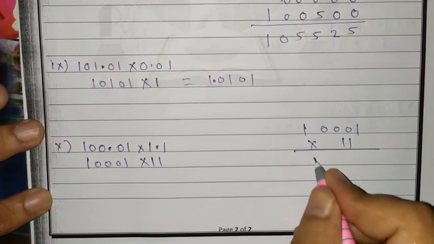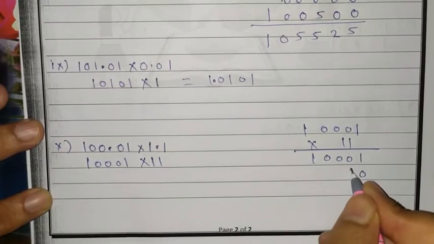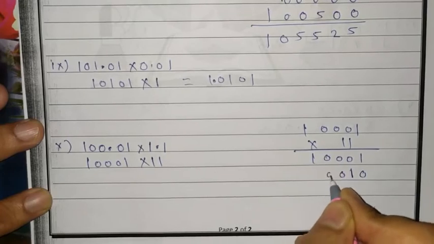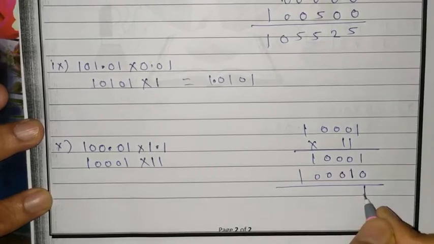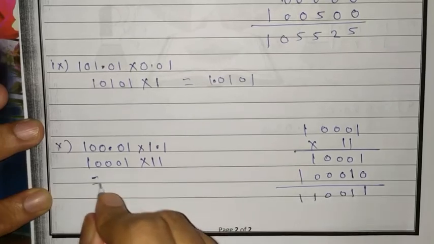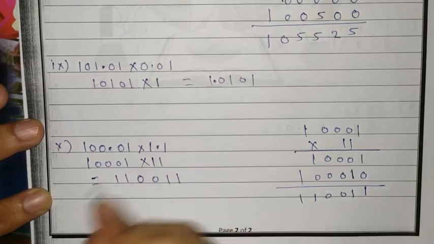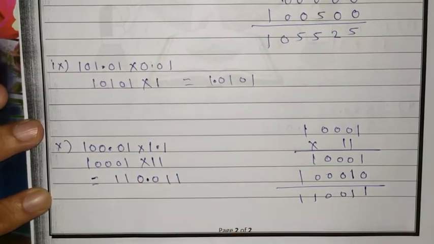So here 1 is there, so write all the numbers as it is. Here give 0 again, write all the numbers as it is, do the addition, 1 1 0 0 1 1. So our answer is 2 times 1 0 0 1 1. So after the decimal point 3 numbers are there, so give the point here.